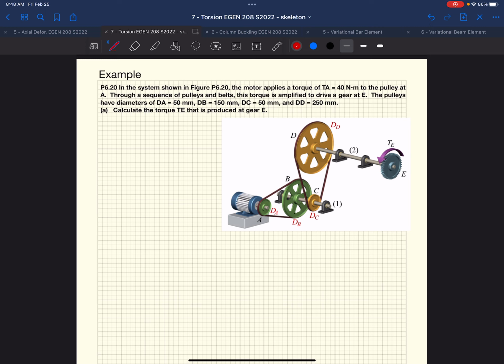And what do they want us to find? Well, they want us to find T sub E. What is the torque that is produced at gear E based on the motor applying a torque at A, okay? And the given here, the torque at A is 40 Newton meters.